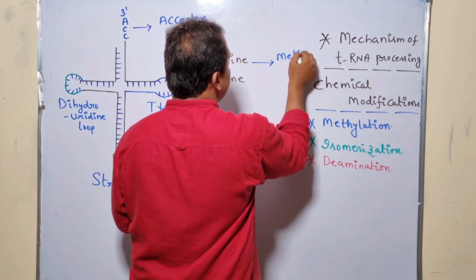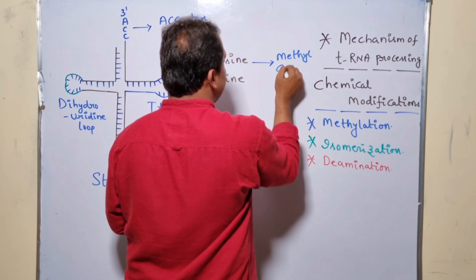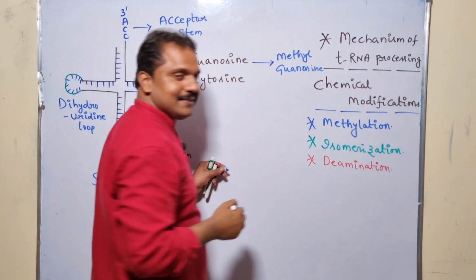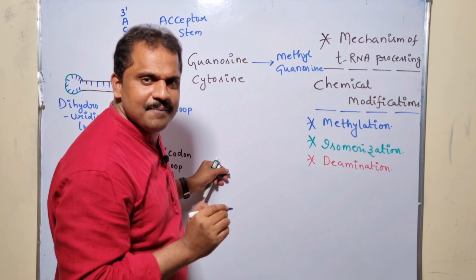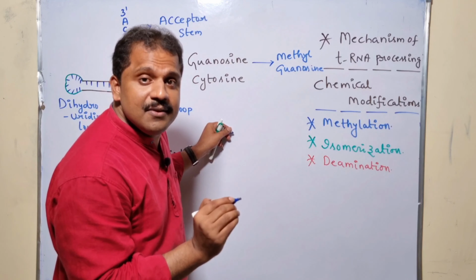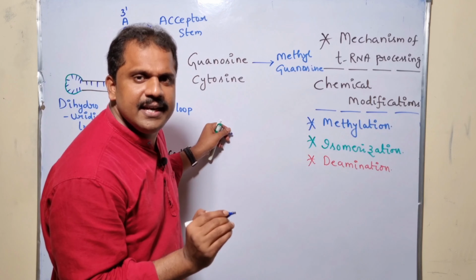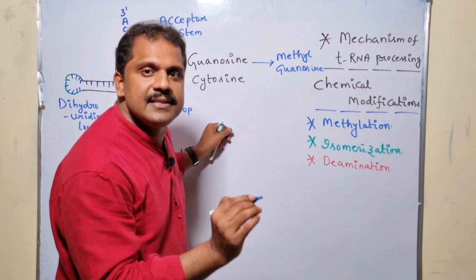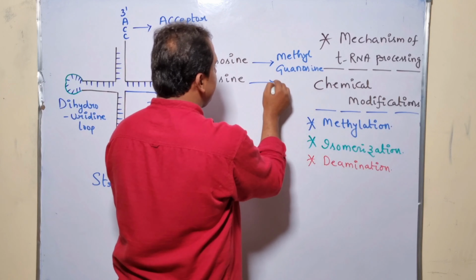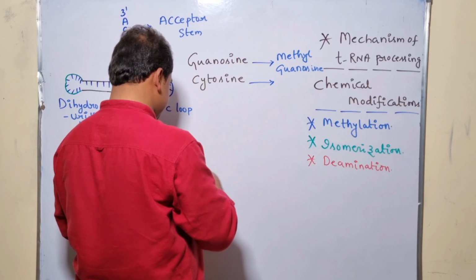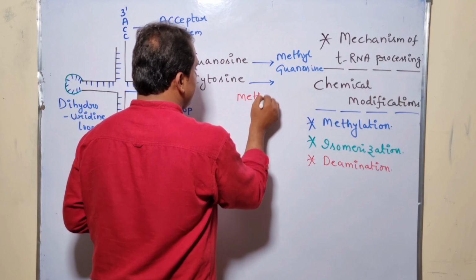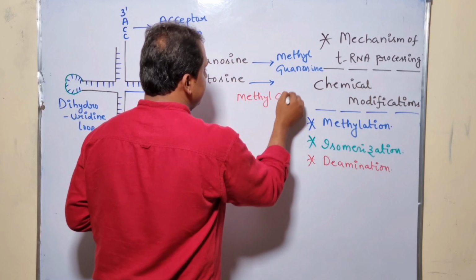Methyl guanosine. Is it clear? In the same way, when the cytosine nucleotide undergoes methylation, it leads to the formation of what? Methyl cytosine.